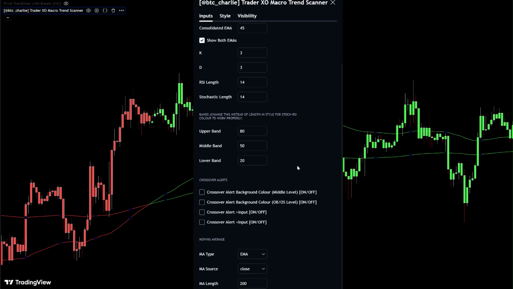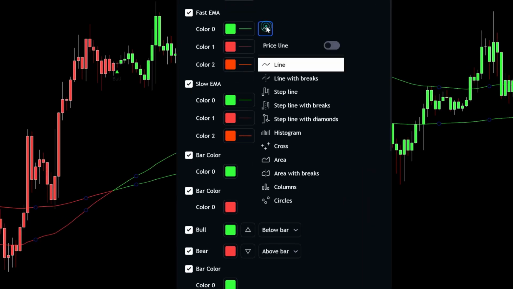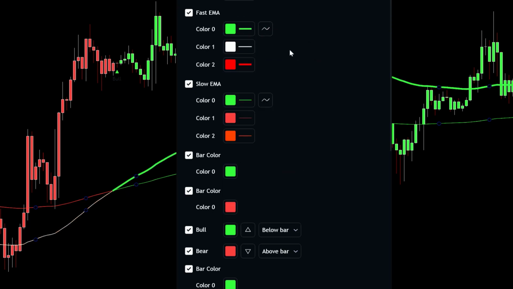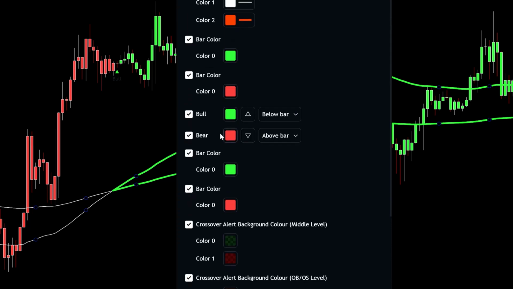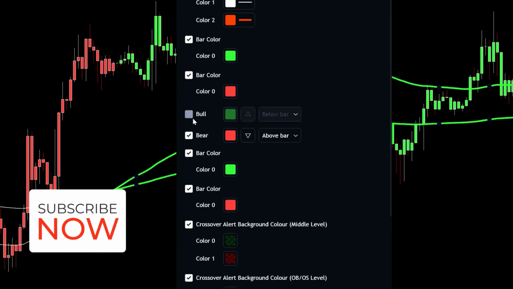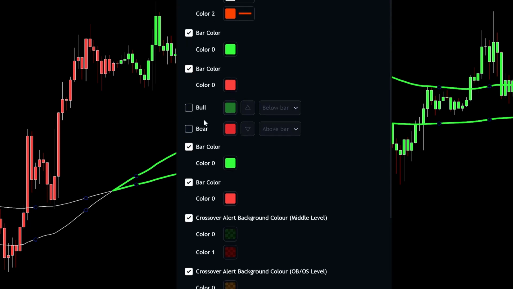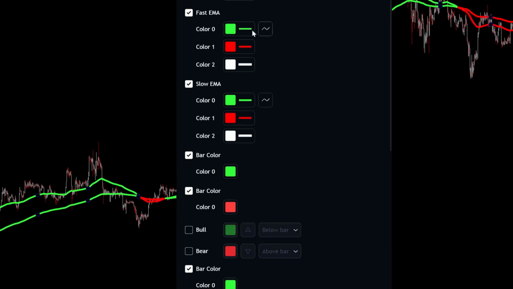We can also make the lines thicker if you want them to be more visible. And since we're not using the Trader XO indicator as our signal generator, we can actually turn off its built-in signals. Just a few little tweaks to make it work perfectly for our strategy.